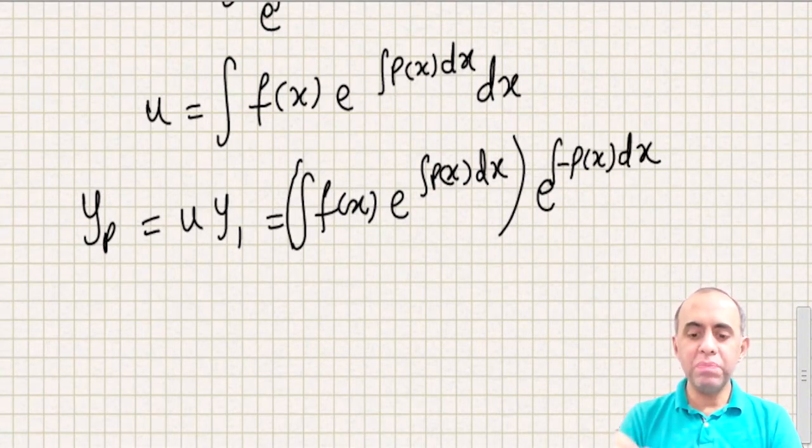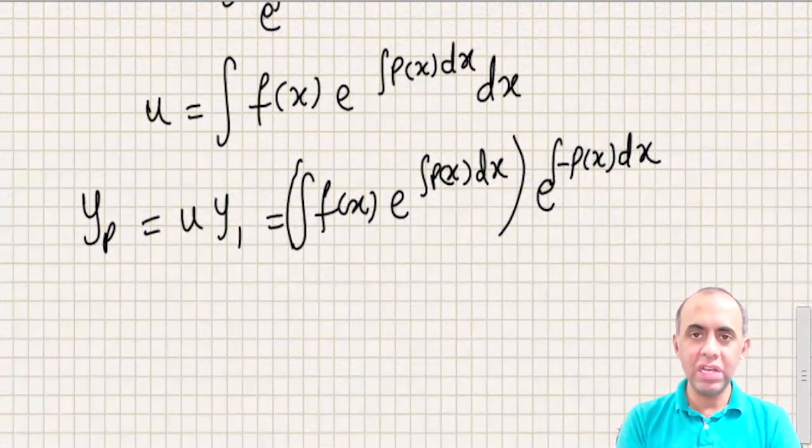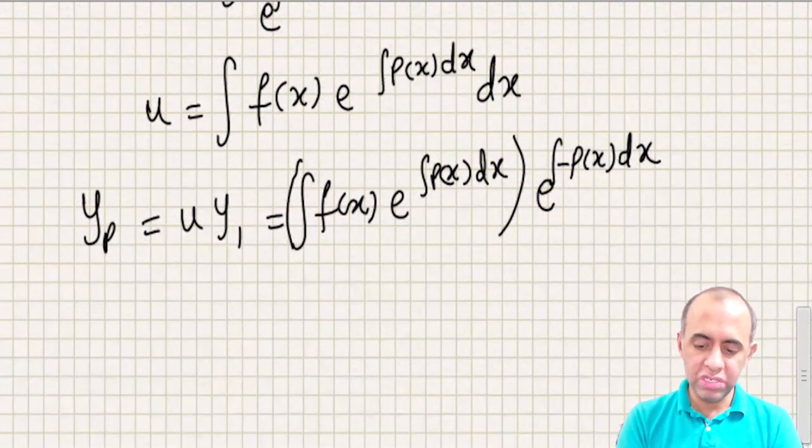Now we're going to compile these two solutions, yp and yc, and add them together to make y. That was the deal, right? So we had to make the final solution yp plus yc.